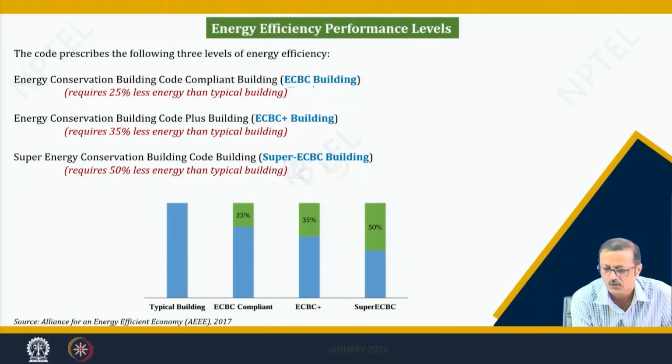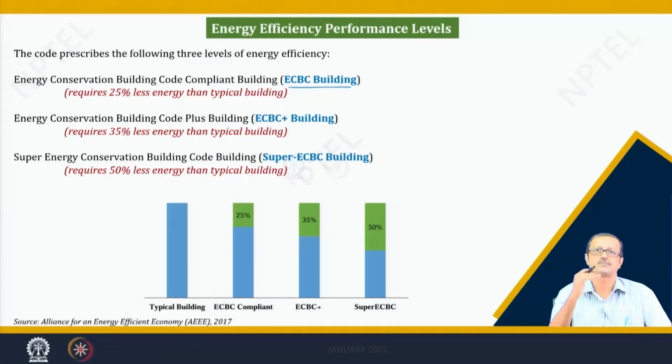So, if our building can achieve that particular typical EPF point, I may say that this building is an ECBC building, where the energy consumption of that particular building may be reduced by 25% with respect to the typical building where you have not taken any kind of ECBC consideration.